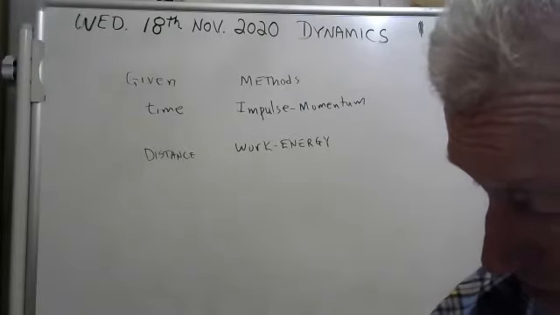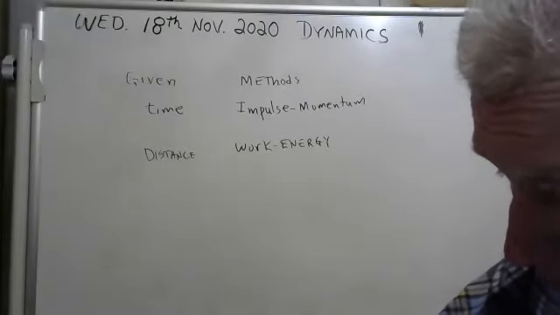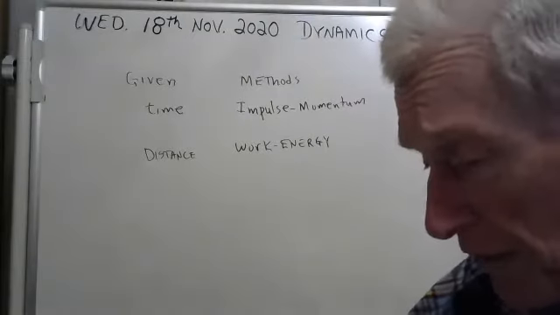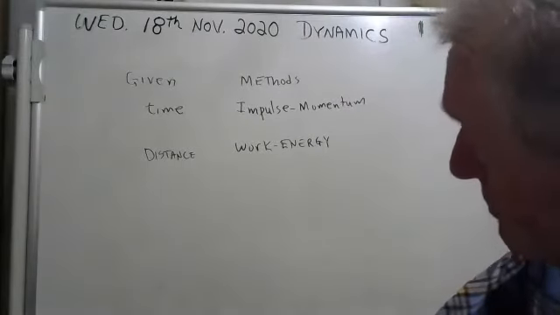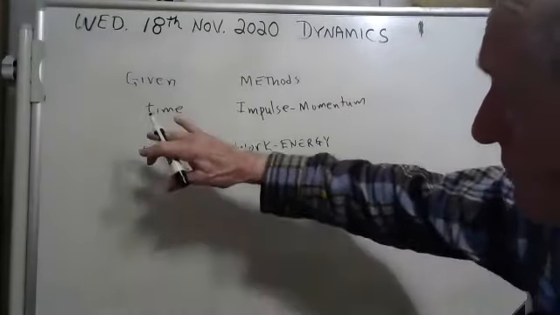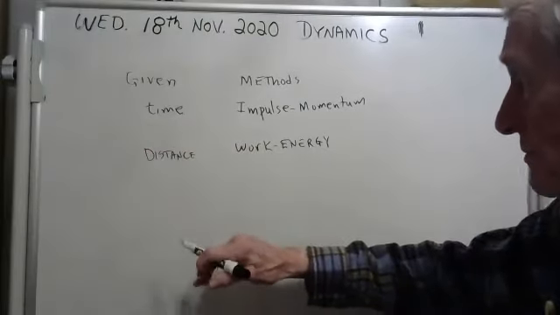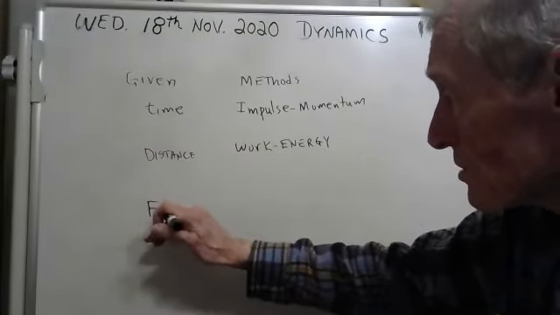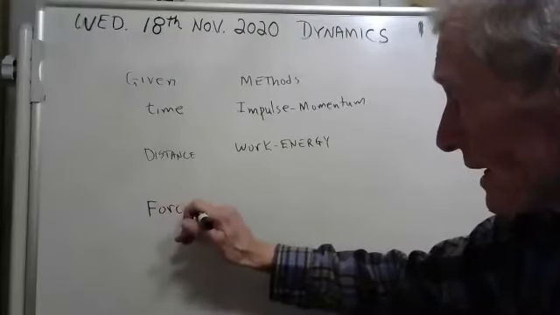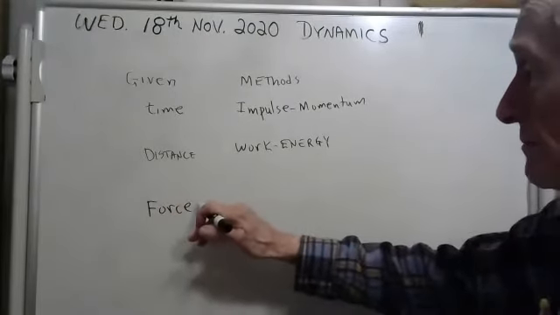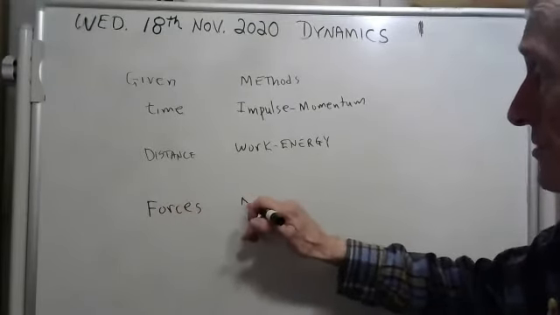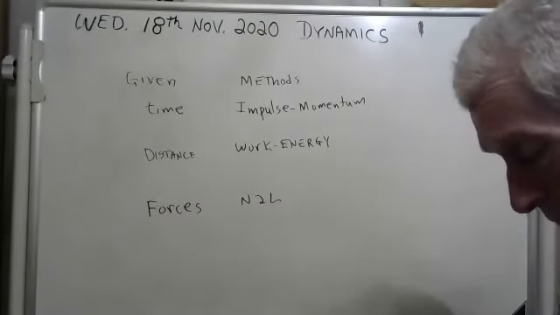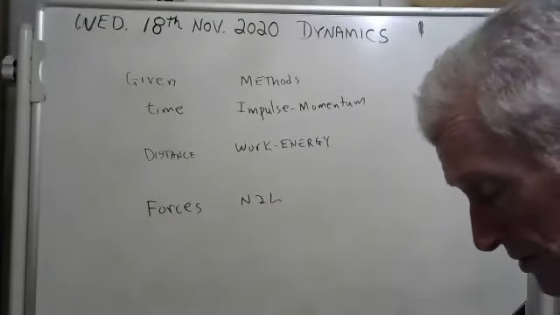I suppose you could use a pair of pliers, but a wrench is better. Some tools are made for some jobs. Now, what if they don't give you time or distance? Maybe they just give you forces and angles and things like that. Well, then you'd use Newton's second law. That's what you do.